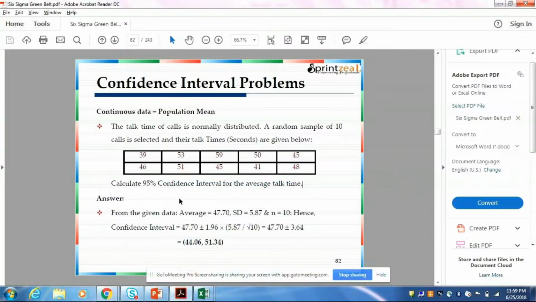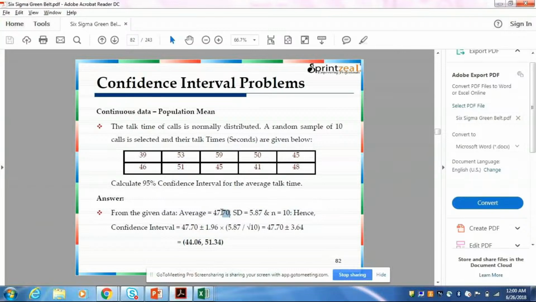Okay, now how do we calculate the average? We have the data, so we would be able to calculate the average, which is here 47.70. We would be able to calculate the standard deviation as well, 5.87. The number of data points is 5 and 2 rows, so we know the number of data points is 10. So how do we calculate the confidence interval?